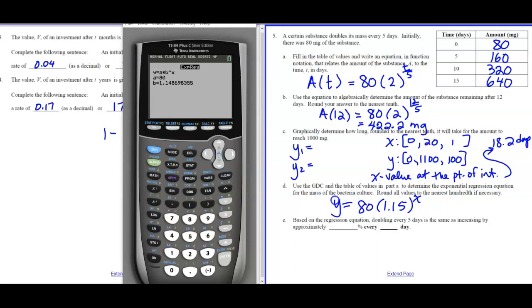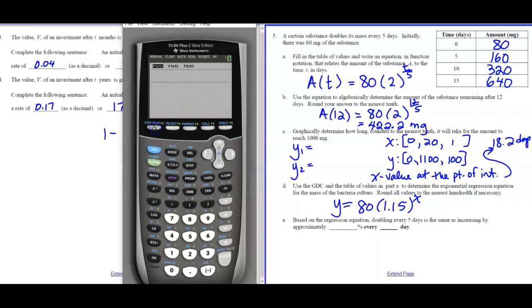Okay? Are these the same? If you're not sure, let's graph that, first of all. Make sure it goes through the points reasonably well. Should go through exactly because these are exact values.